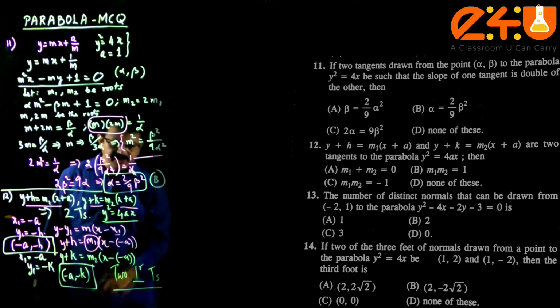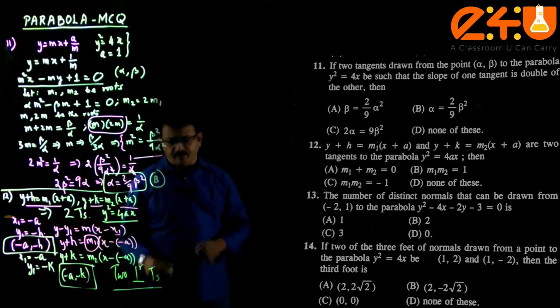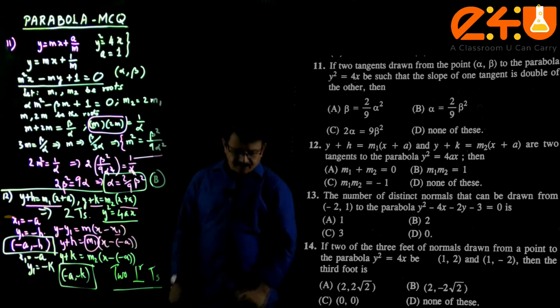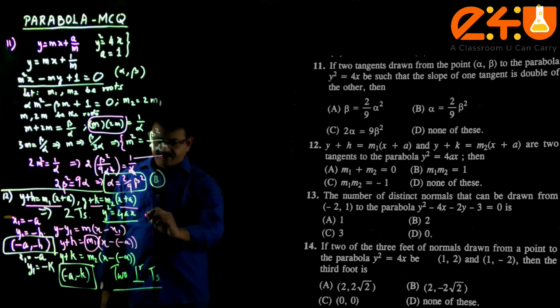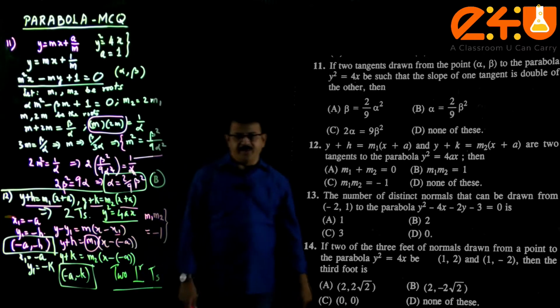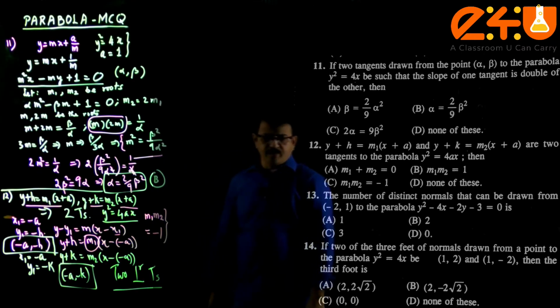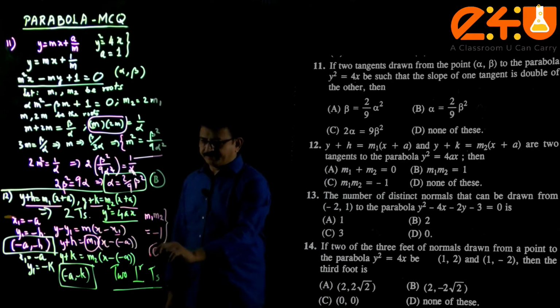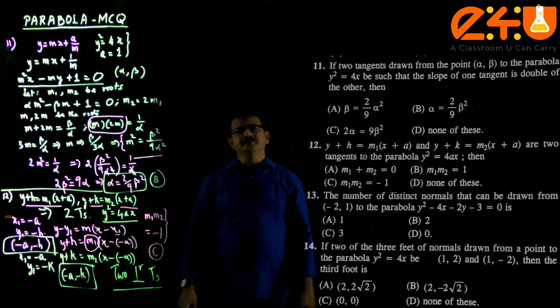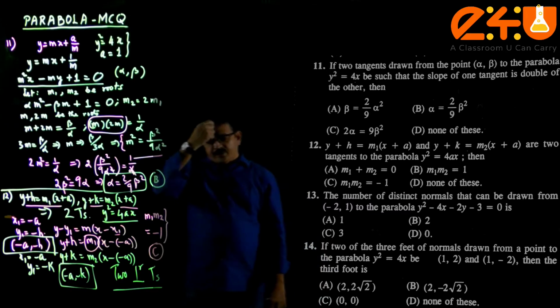So what you get is two mutually perpendicular tangents. That confirms the answer. Simply, the product m1 m2 should be minus 1, which is option C. Fine.